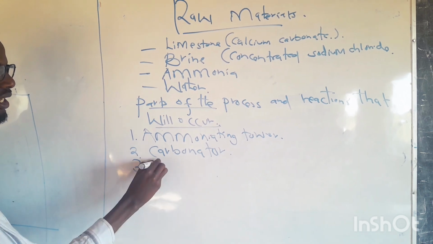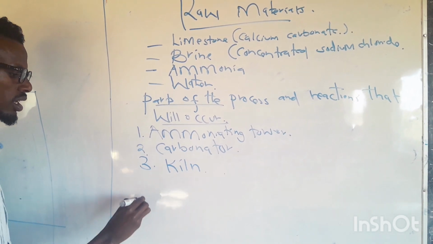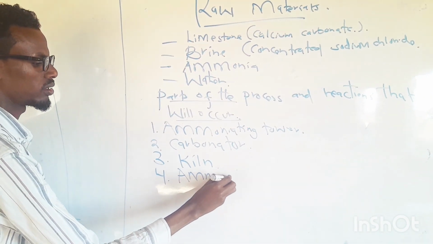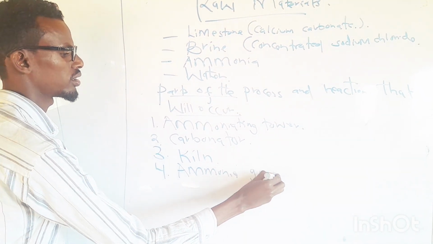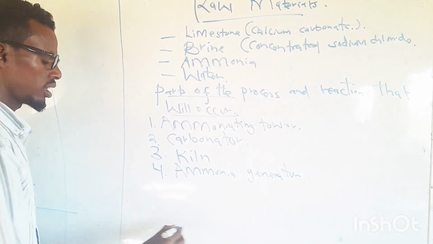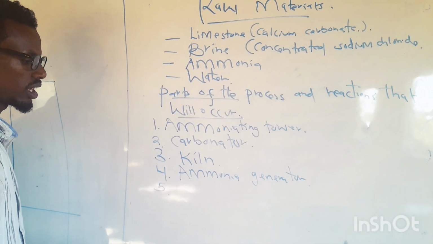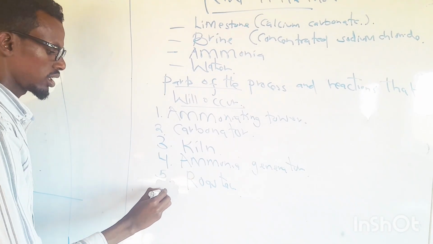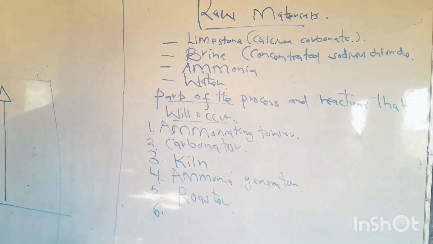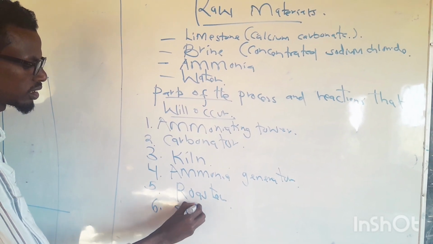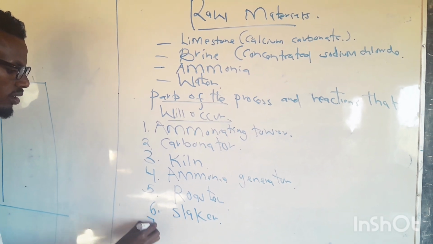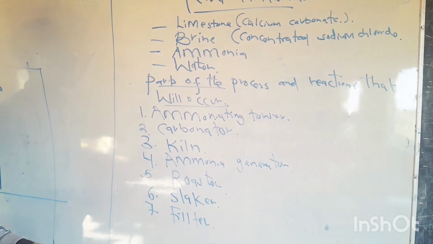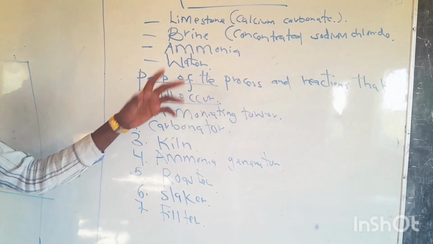Third, we have the kiln. Fourth, we have the ammonia generator. Fifth, we have the roaster. Sixth, we have the slacker. And finally, we have the filter. So these are the parts of the process, and you will see the reactions that occur in these parts.